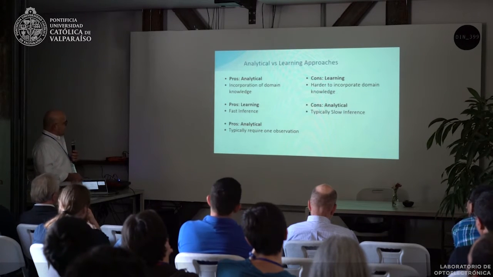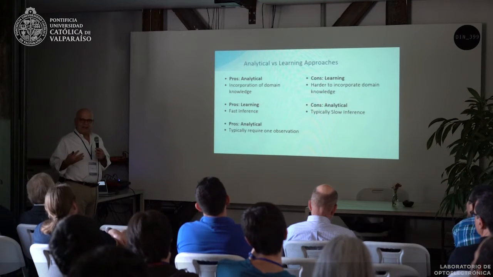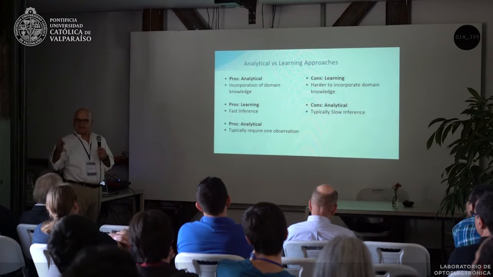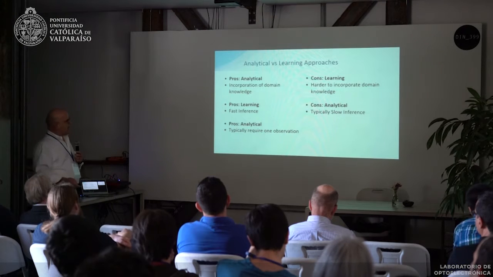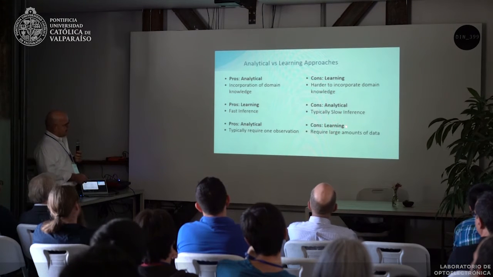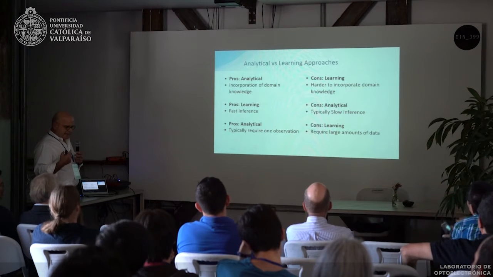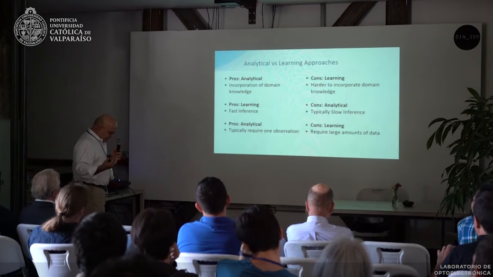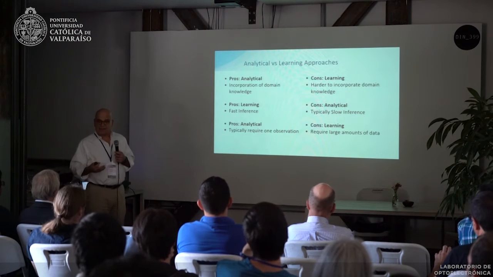And of course, with analytical techniques, since you've done this strong modeling, you only need one observation. Given your observation and your model, you can go back and solve the inverse problem. While on the other hand, in learning, you require a large amount of data. And this is an important point because clearly there are tons of data on the internet and many other applications.